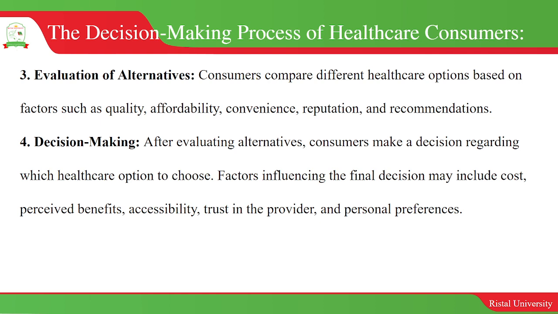They'll look at affordability, convenience, reputation, and recommendation. Okay, if it is a highly specialized medical treatment, then they may have to follow recommendations of experienced experts in the field, and they will follow those recommendations.